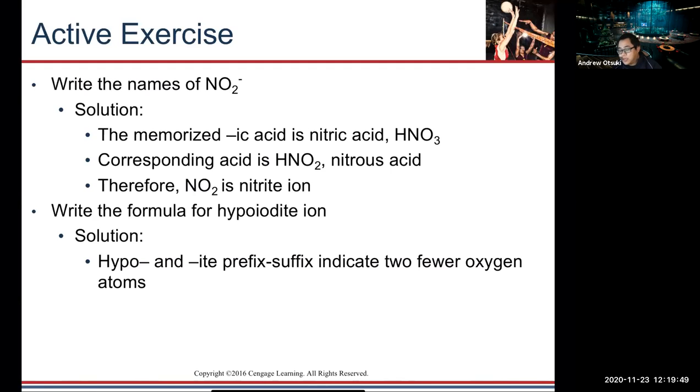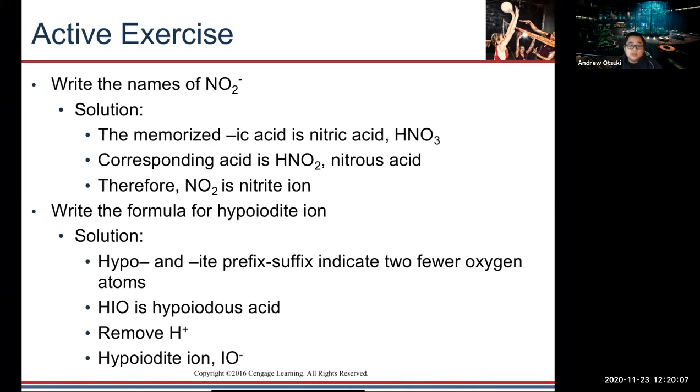So HIO is hypoiodous acid. Then for forming the ion, we remove the H, so it has a negative charge, IO minus. That's the hypoiodite ion, because we have two oxygens removed from the reference names I told you to memorize: chloric acid, bromic acid, iodic acid. Those are the reference ones you should be referring to.